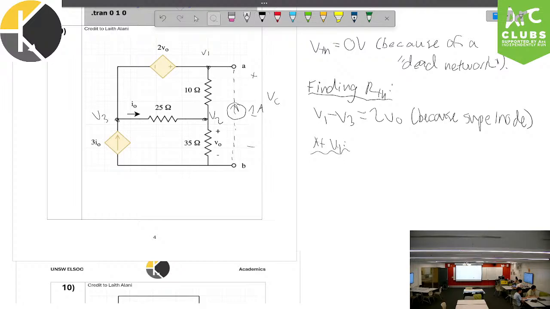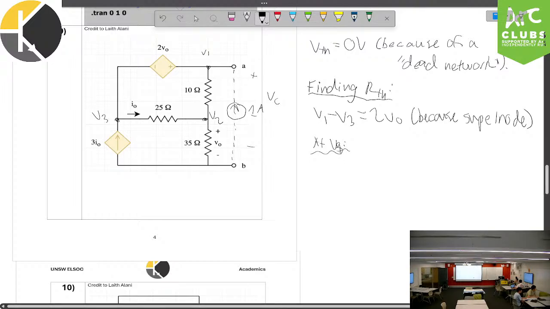Just say that we'll do KCL at V3. Oh wait, no, sorry, it is V1. My bad. So at V1, whoop, that's very ugly.